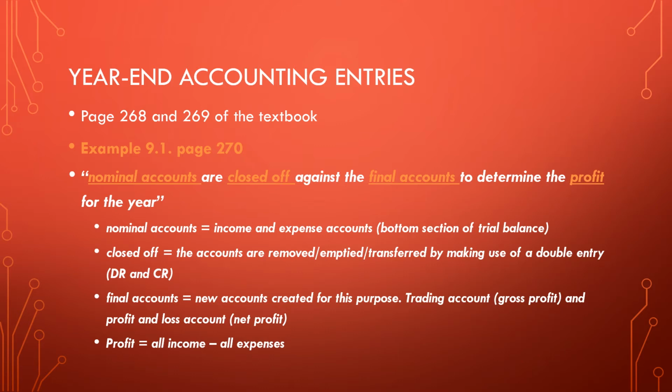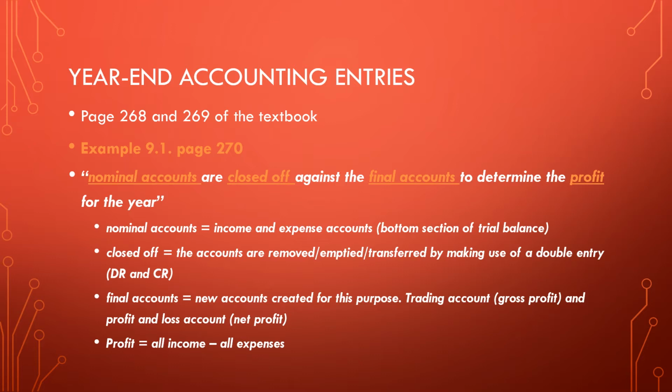Okay, so over to pages 268 and 269 of your textbook, and quite an important example, 9.1 on page 270. So where we are in a business in this learning unit is at the end of our financial year. We have been recording journal entries and T accounts and trial balances for 12 months.